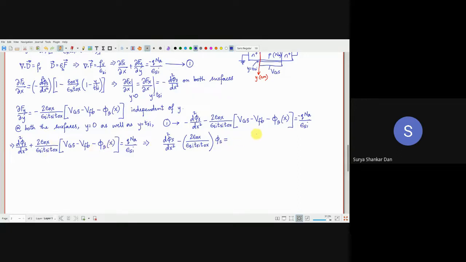So sometimes I might make mistakes here, especially because I'm explaining in the process. So minus, again this term here, and finally this term vgs minus vfp.